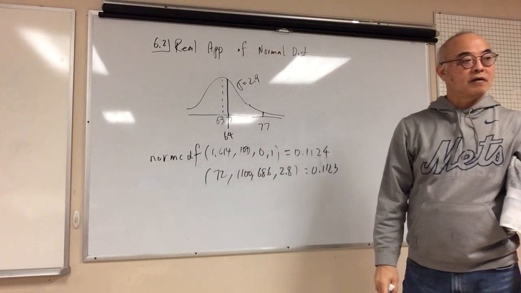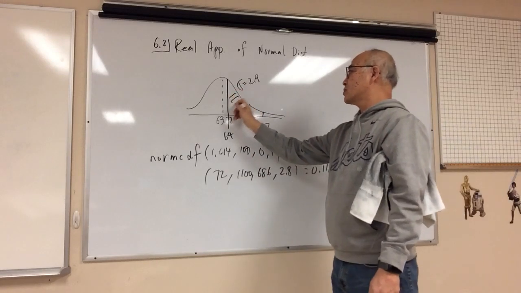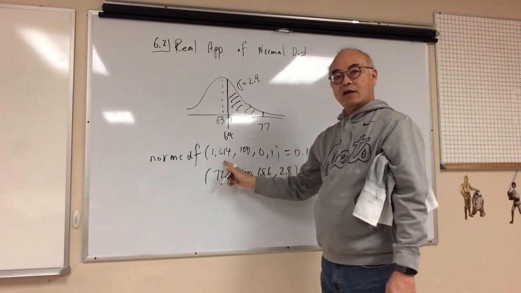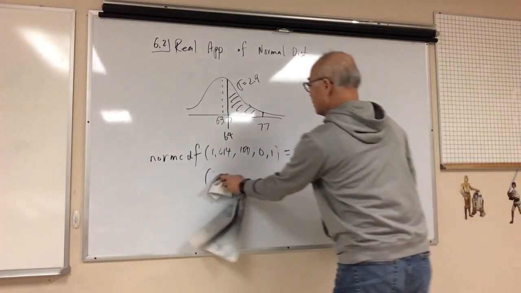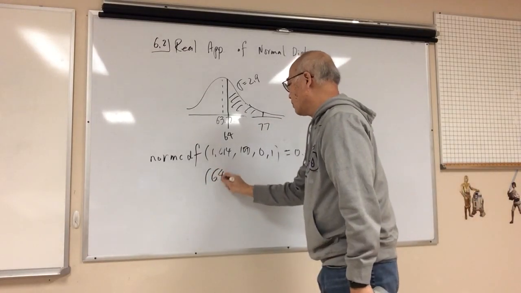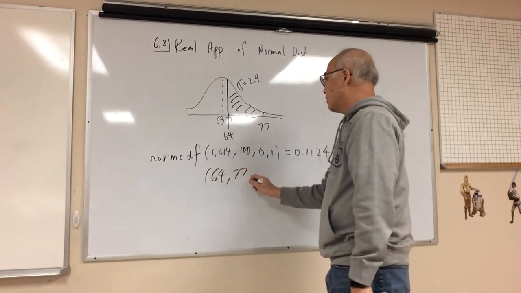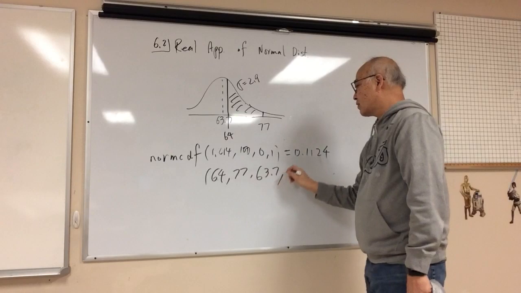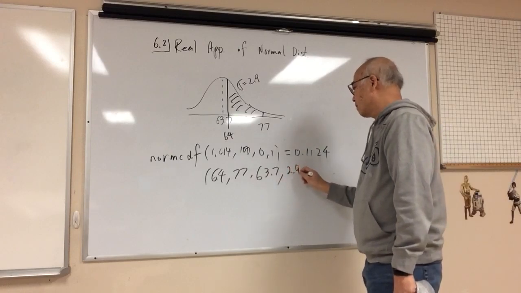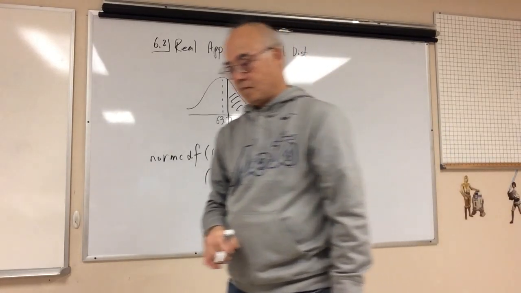So obviously I'm going to use this function. What's my lower limit? 64. Upper limit? 77, with a mean of 63.7 and a standard deviation of 2.9.